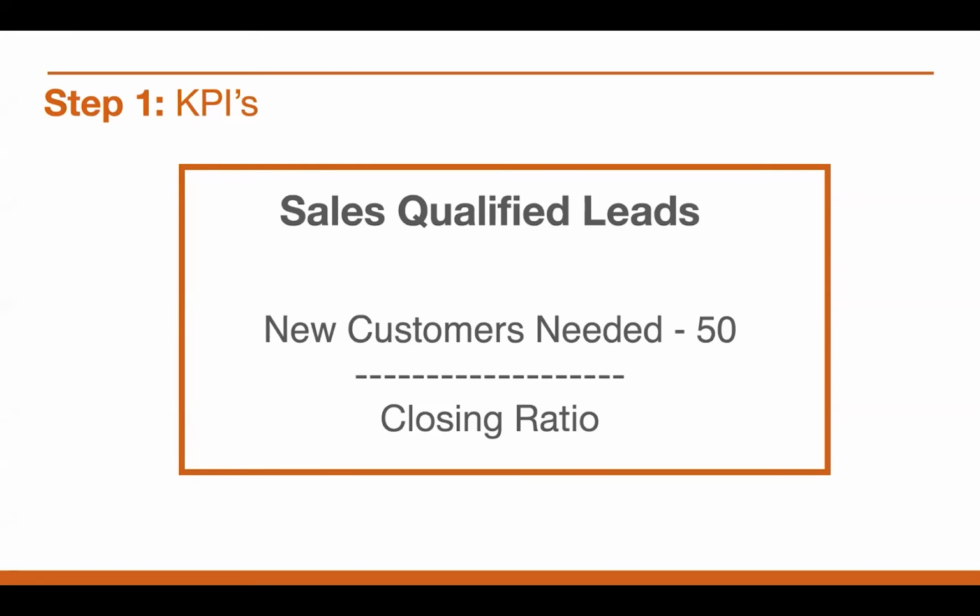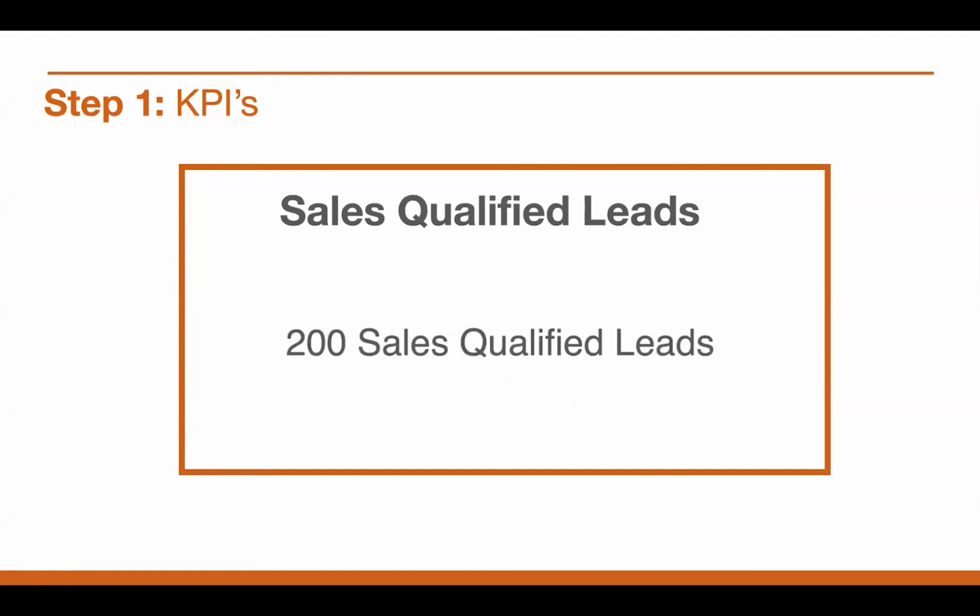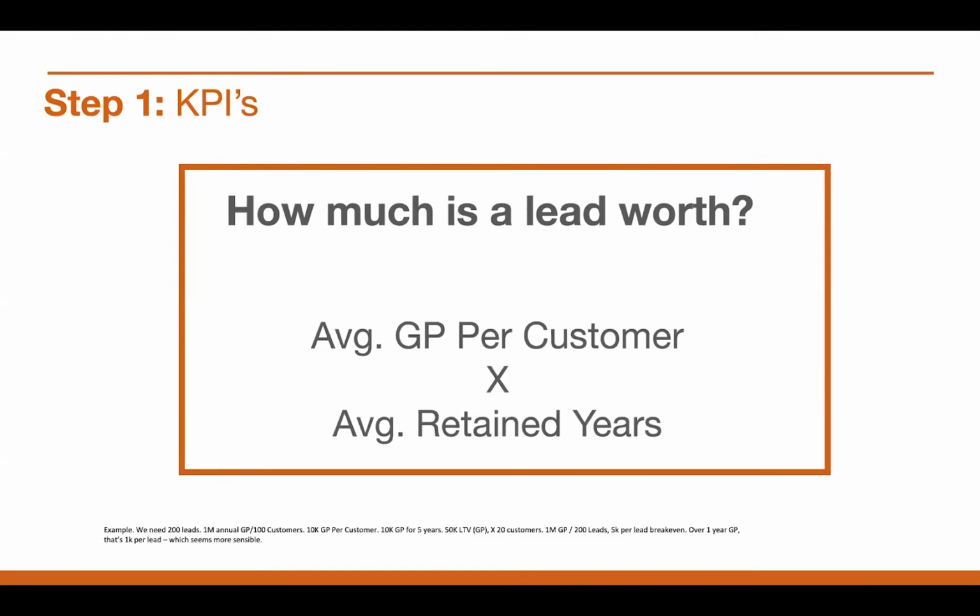But if we go with 1 in 4, you do 50 divided by 0.25, and that means we need to create 200 sales qualified leads in order to hit target. So that's around 16 to 20 sales qualified leads that you need to get in every month in this example. And then on to the next slide.